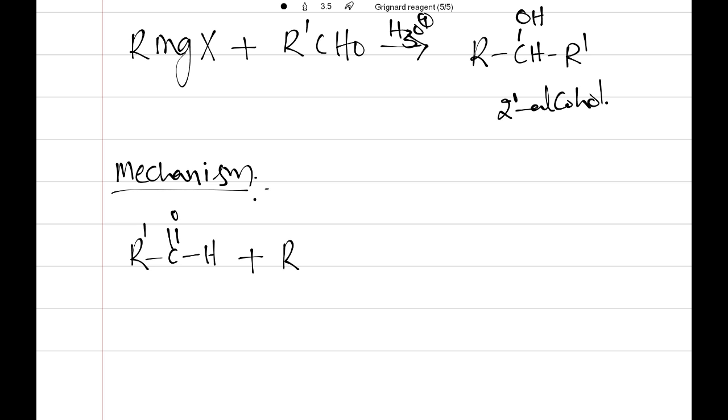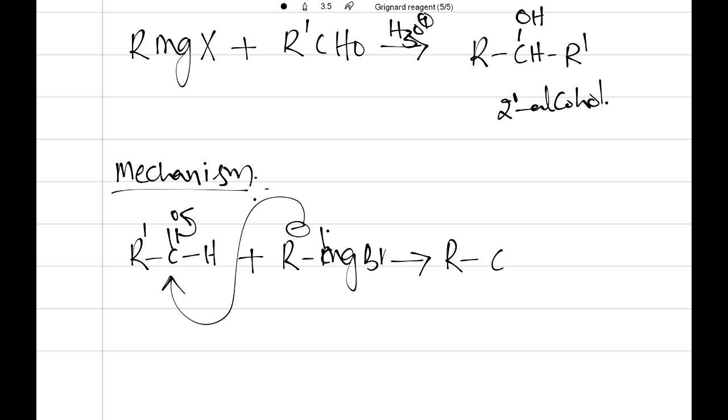So when this reacts with RMgBr, here R minus is the charge on this alkyl group, and it is attached to the electrophilic carbon, and electrons are shifting towards the oxygen, and we can get RCO minus, with the hydrogen and the R, and the oxygen is attached to MgBr.